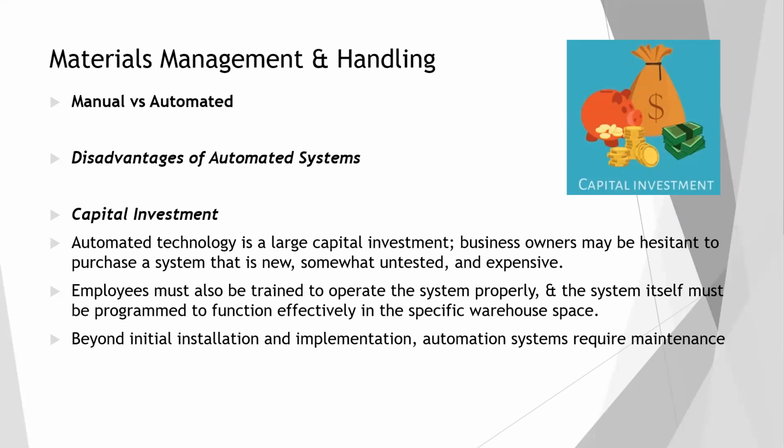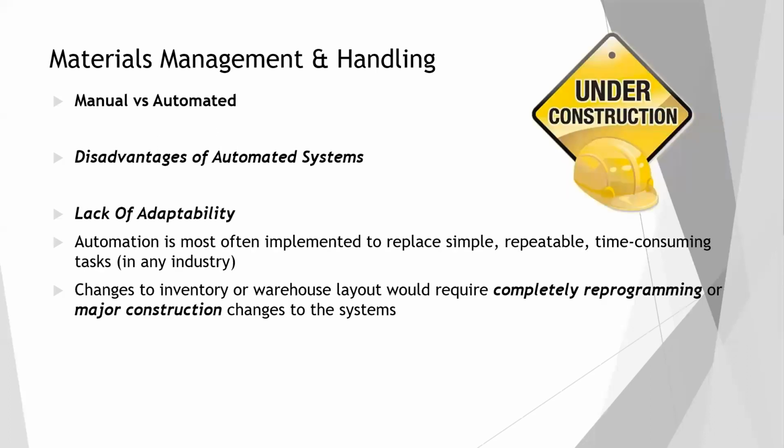Beyond that initial installation and implementation at the beginning of the life, automated systems require maintenance throughout the course of their use. So it's an ongoing source of money that needs to be put into an automated system. And then the lack of adaptability. Automation is most often implemented to replace very simple, very repeatable, very time-consuming tasks in any industry.